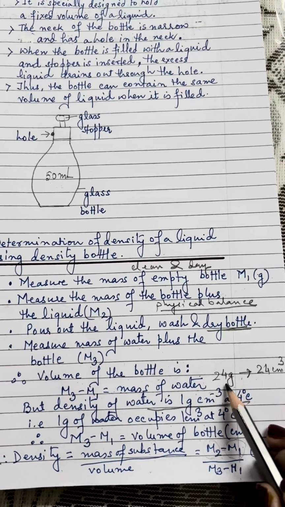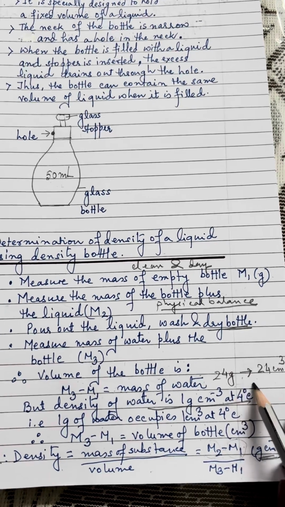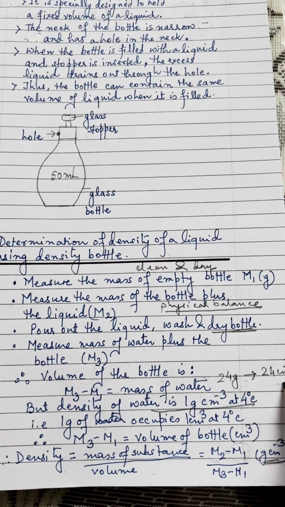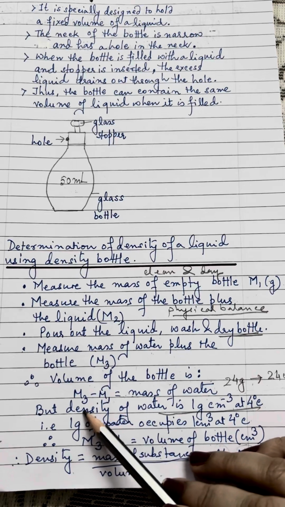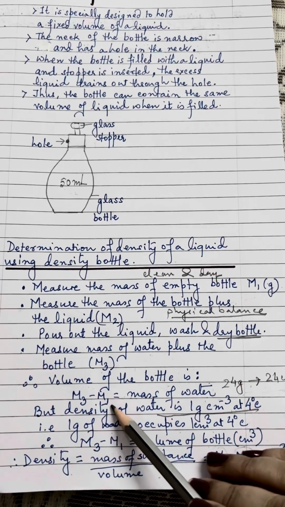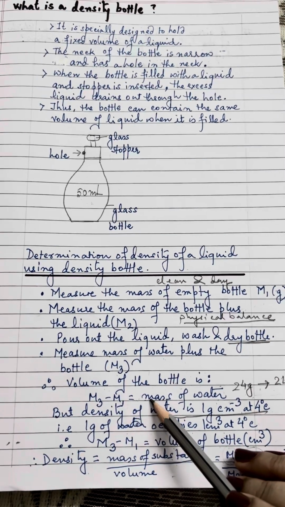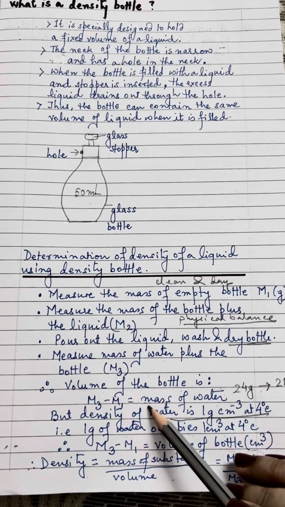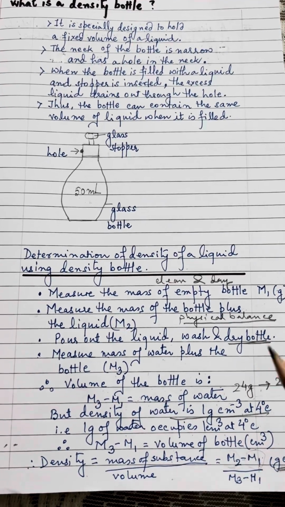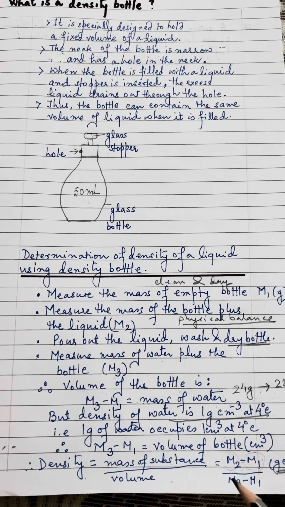Then if it is 24 grams, then 24 grams will occupy a space of 24 centimeter cube. So we can safely write that m3 minus m1 is not only the mass of the water, it is also the volume of the bottle. So now we have got the volume of the bottle.